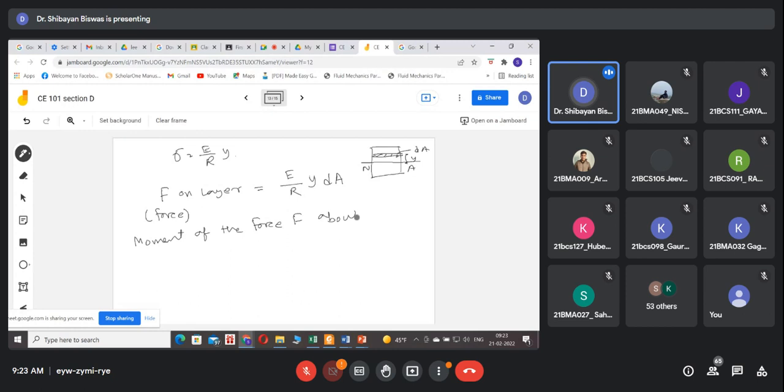So this expression can be modified as M equals sigma max into Z, the section modulus. Now this M, or whatever moment we have found out, is nothing but the moment of resistance of the section, which is equal to the maximum bending moment.